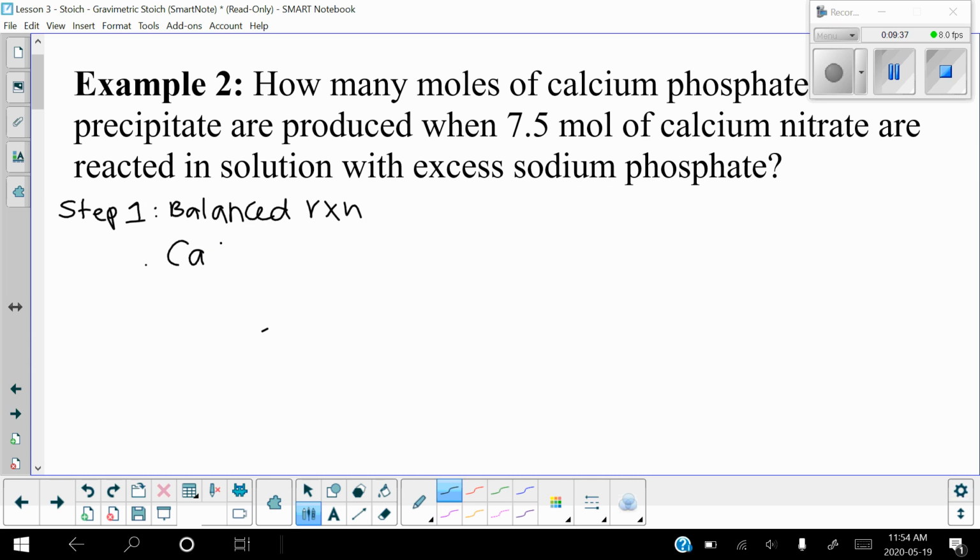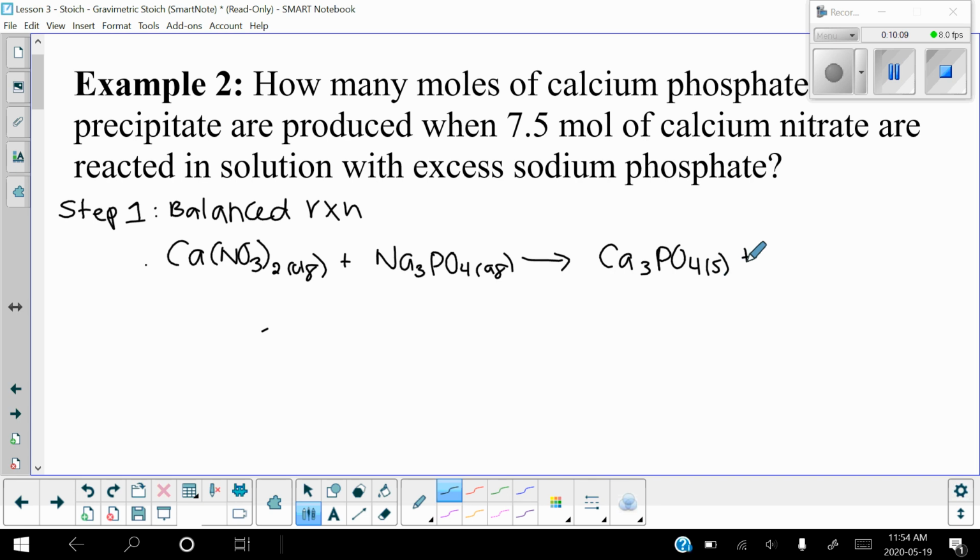So Ca(NO3)2, that is going to be aqueous, plus sodium phosphate, Na3PO4, aqueous, produces calcium phosphate, which is a precipitate, so it's going to be solid in solution, plus, this is a double replacement reaction, so it's going to form sodium nitrate, which is aqueous in solution.